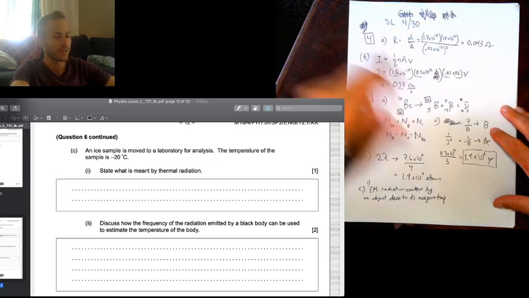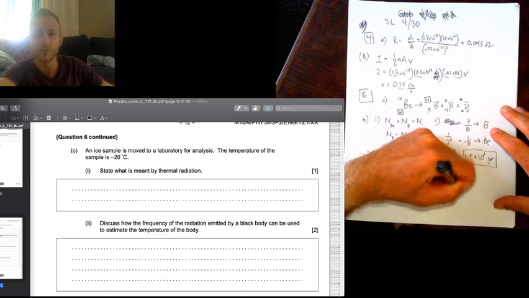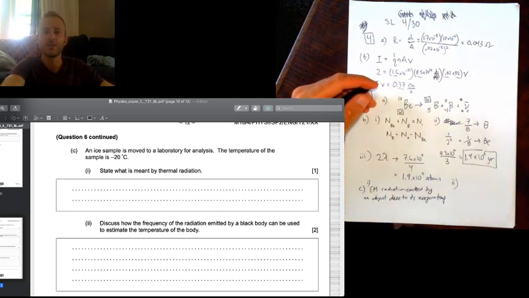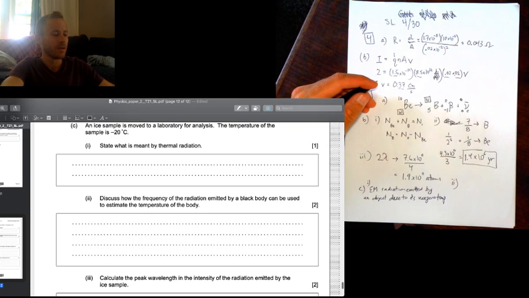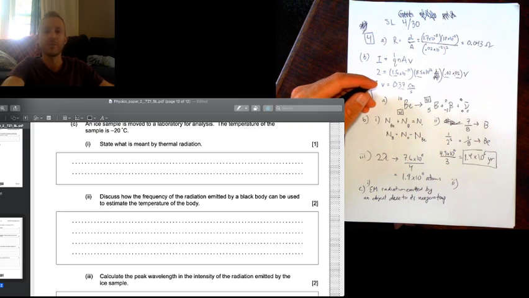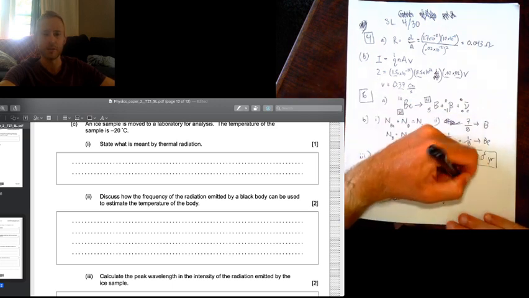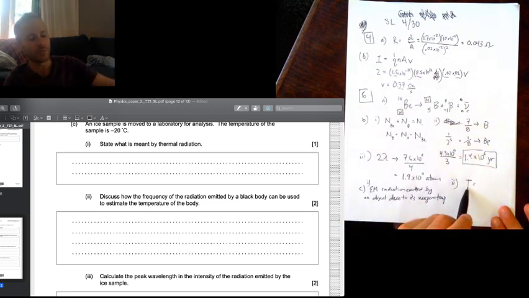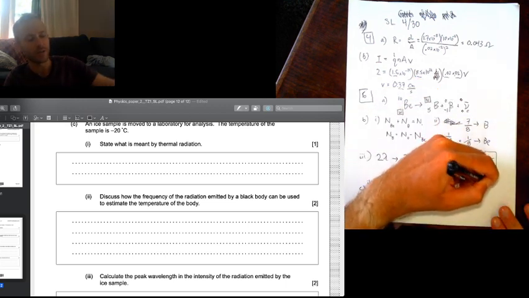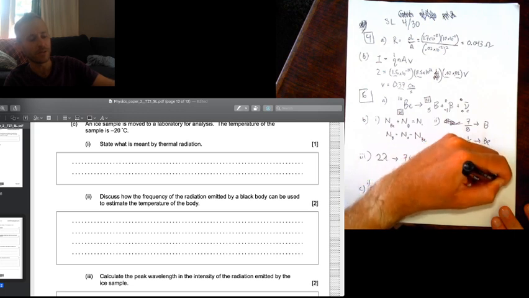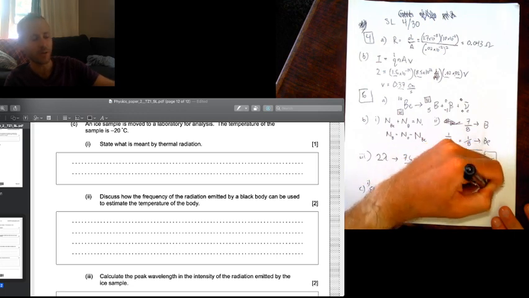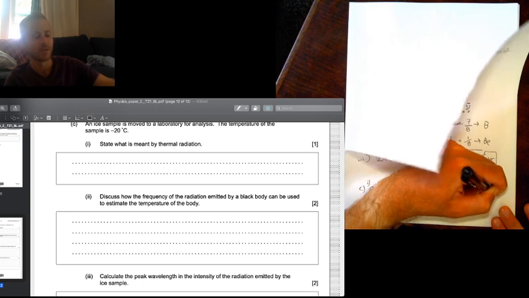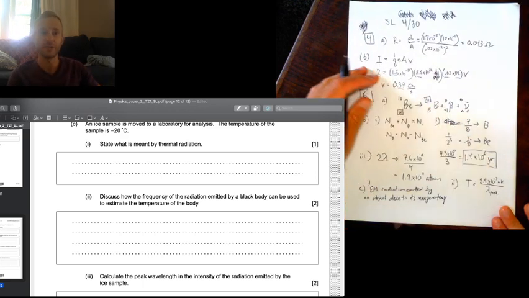Then it says, discuss how the frequency of the radiation emitted by the black body can be used to estimate the temperature of the body. We learned the Wien displacement law, which says that the temperature is 2.9 times 10 to the minus 3 meter Kelvin divided by the wavelength at which most of the radiation is emitted.